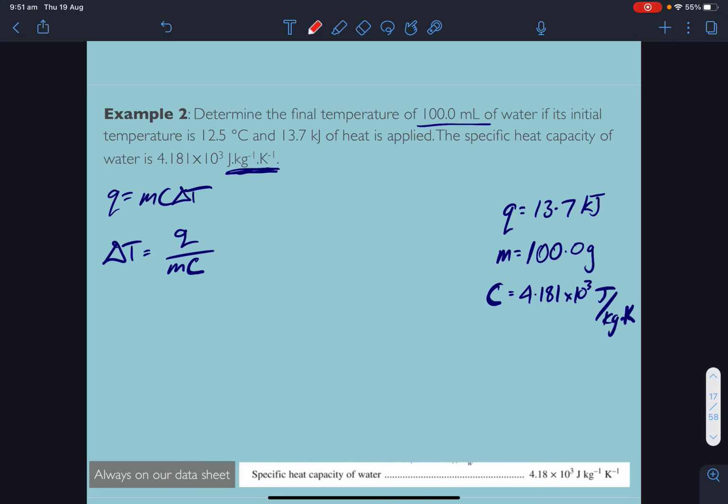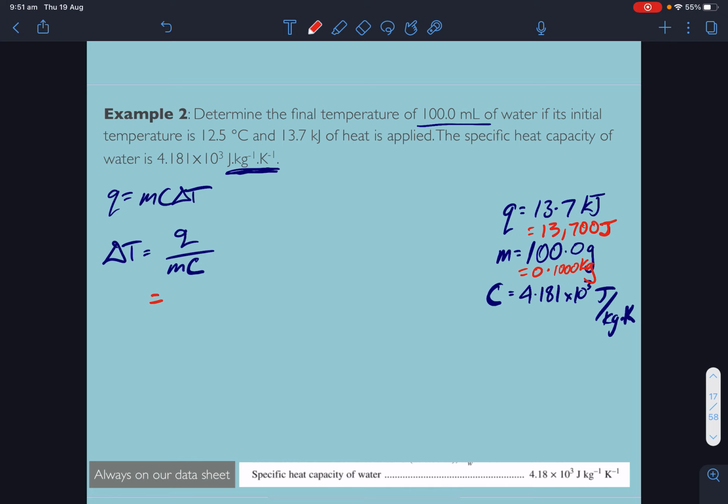So I'm going to change my Q into joules so it cancels with my specific heat capacity. So it's going to be 13,700 joules. And I'm not going to change the kilograms on my specific heat capacity. I'm going to change my mass into kilograms, which is going to be 0.1000 kg. That's the easiest way.